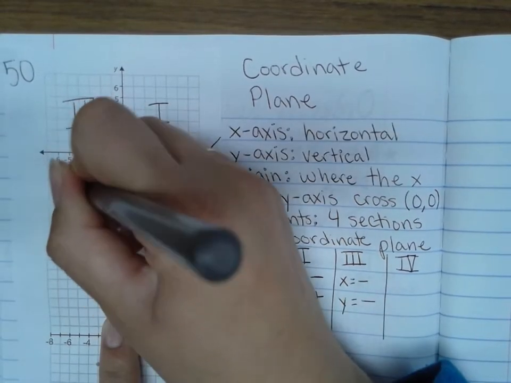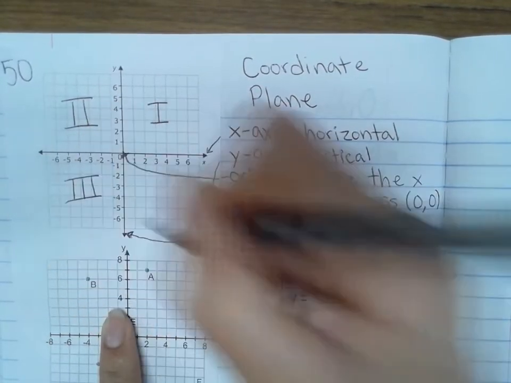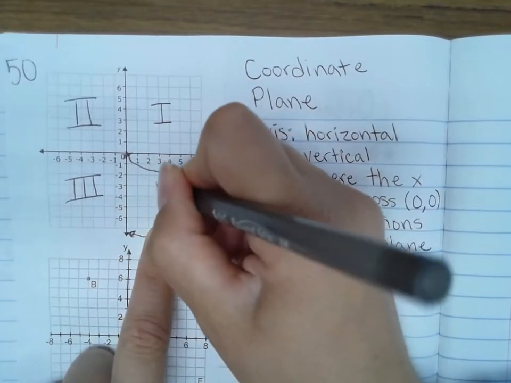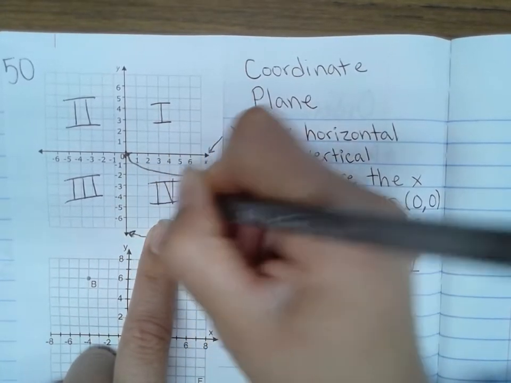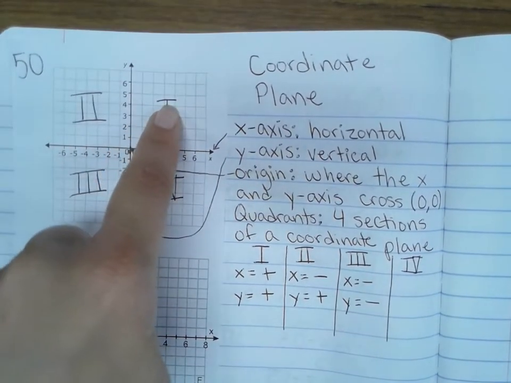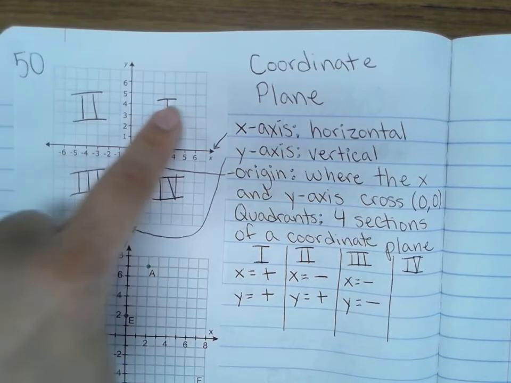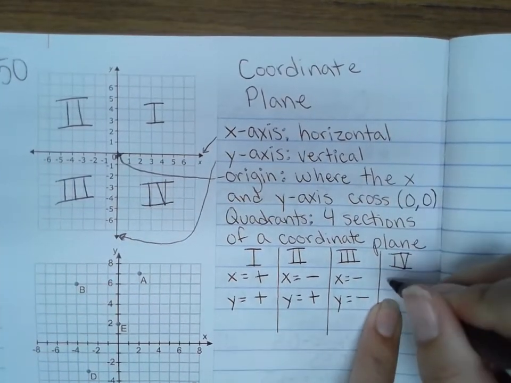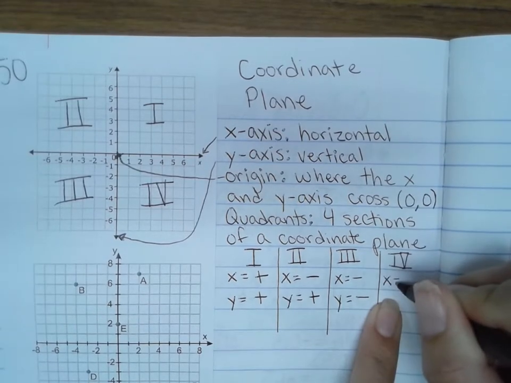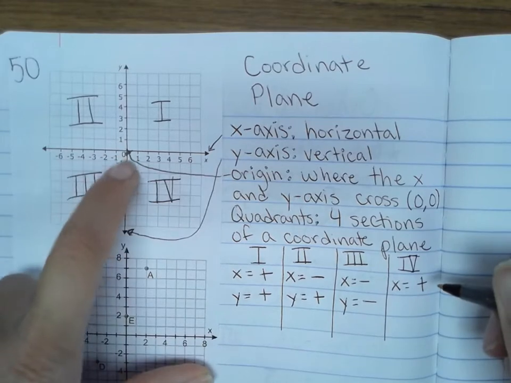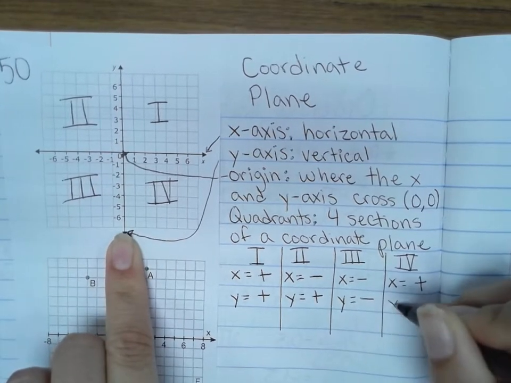So let's write 3. Okay, and then this would be quadrant 4. Notice how they make a C. That's just one way to remember. Everybody remembers quadrant 1, but then they can't remember what order it goes in. So 1, 2, 3, 4, it kind of draws a C. So in quadrant 4, our x values are positive, but our y values are negative.